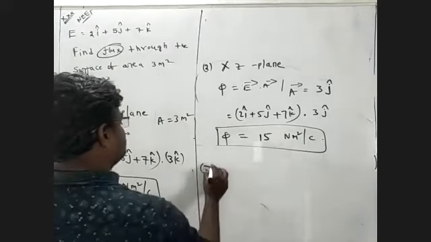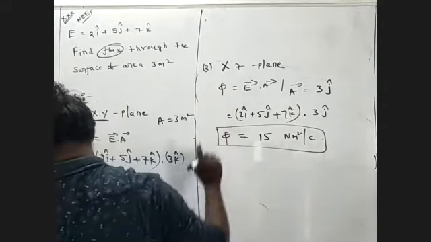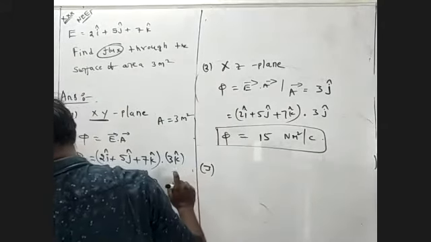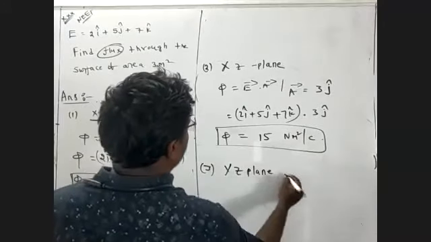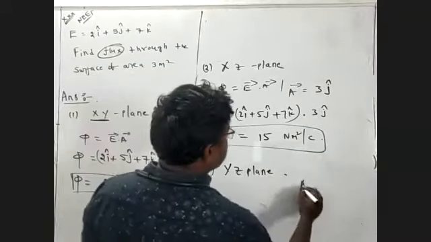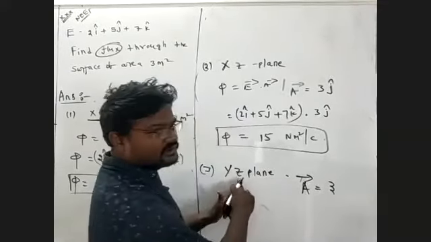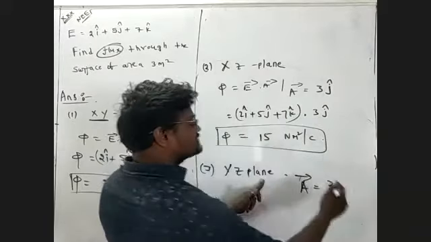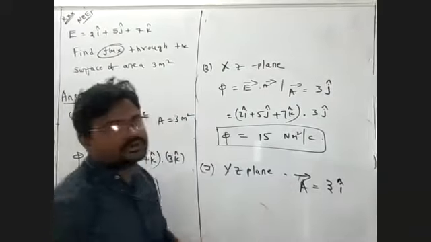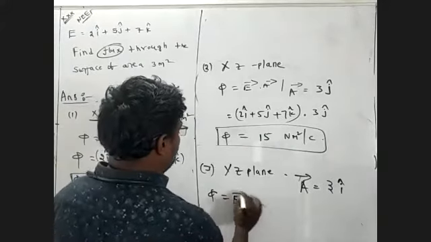Next, the third one is the YZ plane. In this plane, the area is present along the X axis, which means I cap. Flux is equal to E bar dot A bar.